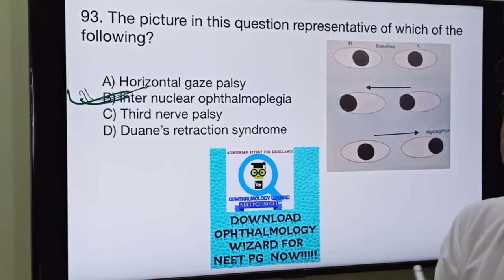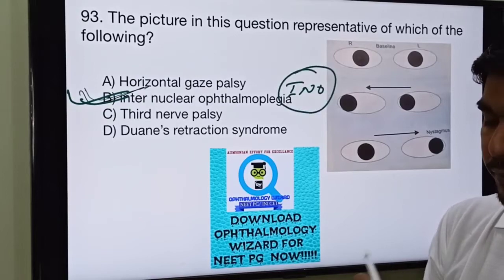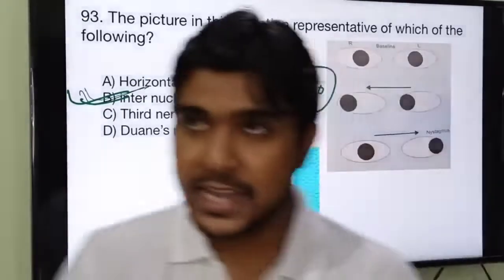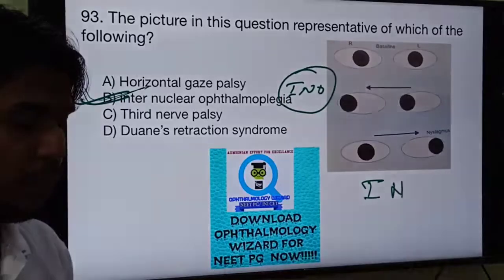Internuclear ophthalmoplegia. How will we know? What is its short form? INO. Let me write INO. I will tell you, very important.